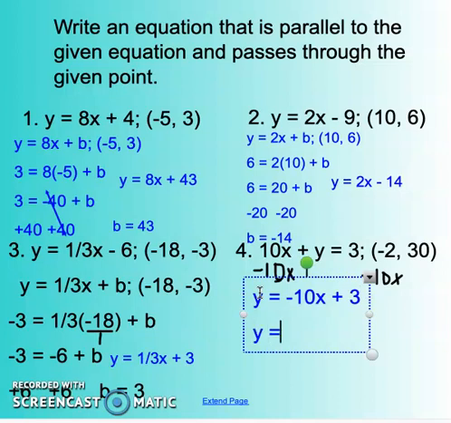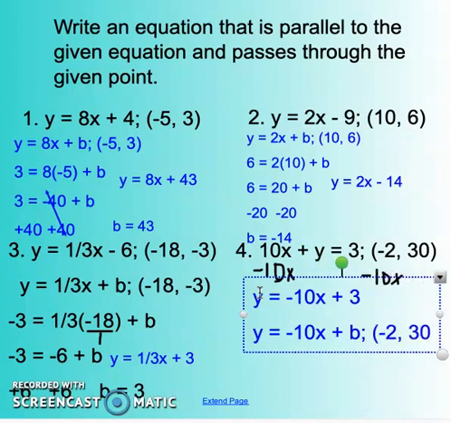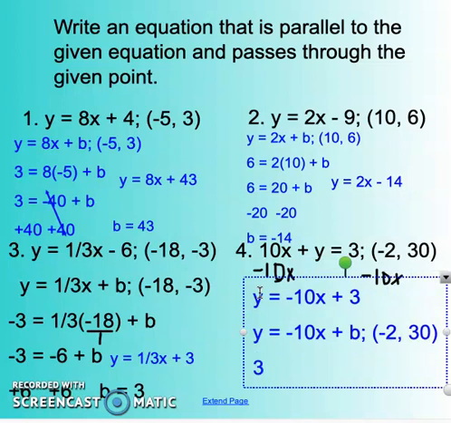Now if I want to create one that's parallel to this, I'm going to keep the slope the same, and I'm going to do the same steps that I have been doing. I'm going to need to plug in this -2 and 30. So 30 is going to go in for y, -2 will go in for x, and then let's solve.